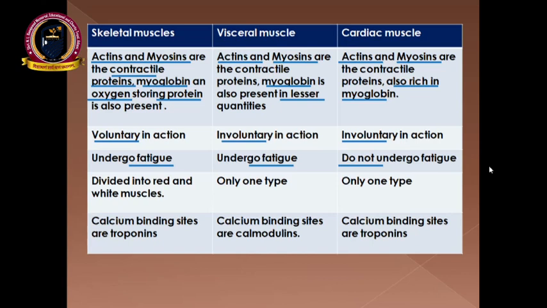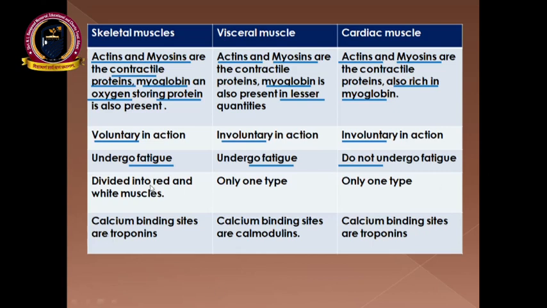That is, if I am correct, around 0.3 seconds. So that is how they are continuously contracting and taking rest also. So they are able to continue working throughout our life.